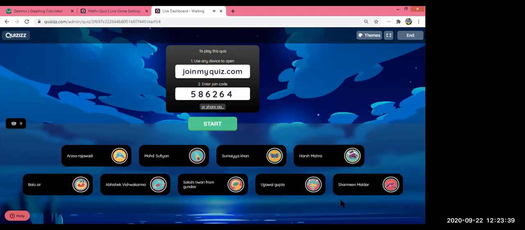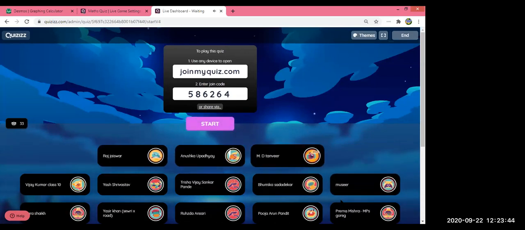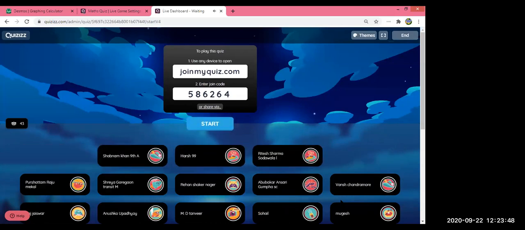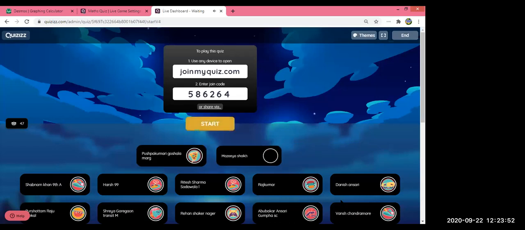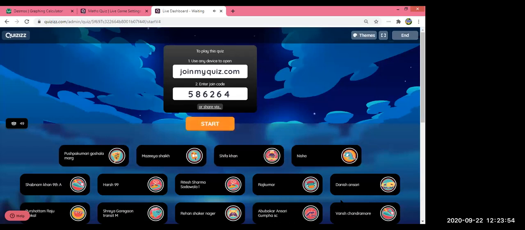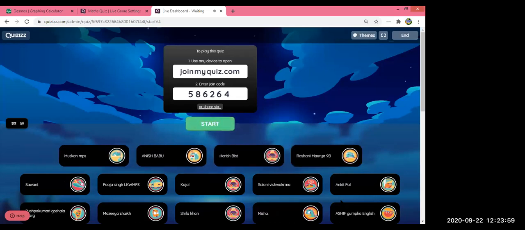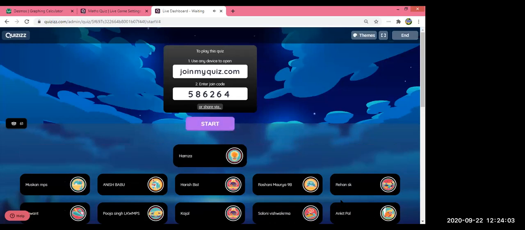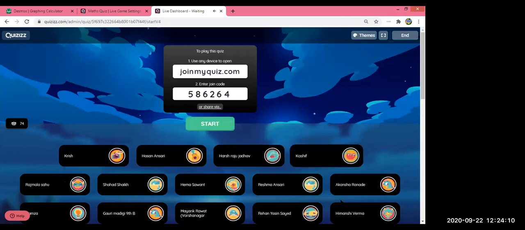It is a quick poll on how you feel about this class, how you feel about linear equations, how confident you are, which part is the best part about this class, and how you find the quiz. Everyone, just try to join joinmyquiz.com and enter the code 586264. Once we reach 100 participants, I will start the poll at my end.